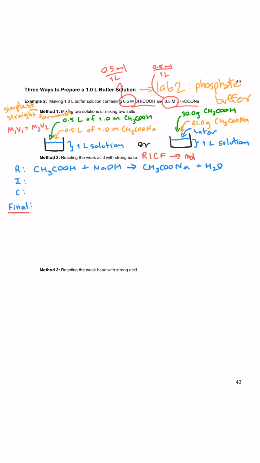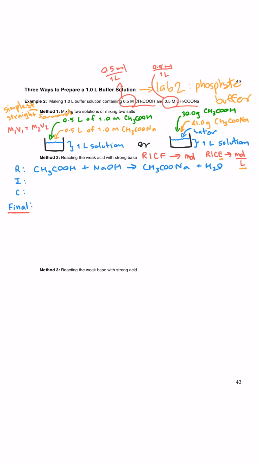The difference between RICF and RICE is the unit that you plug into each of these tables. For the RICE table, the unit that you need to plug in would be mole per liter. The easiest way for me to remember this is that the E has legs, so that's why you need to divide by liter.